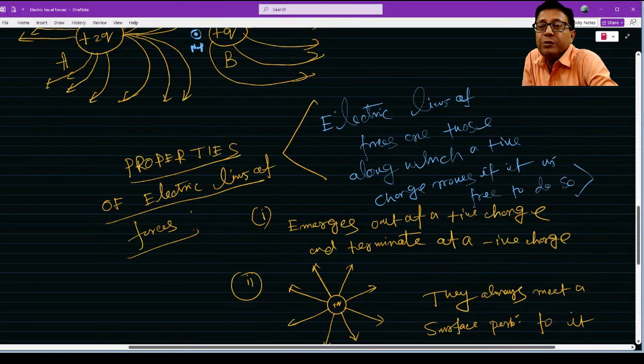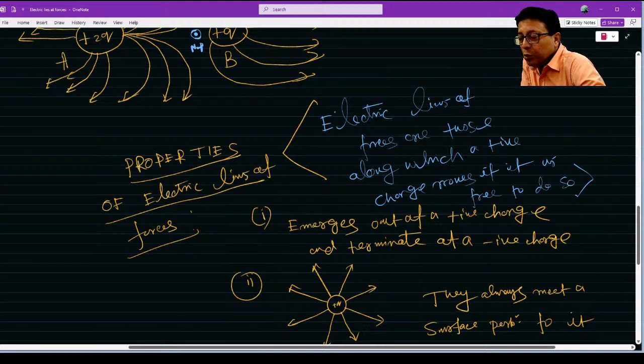Electric lines of forces are those along which a positive charge can move if it is free to do so. Keep this concept in your mind.